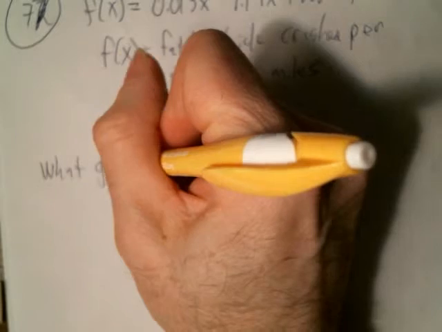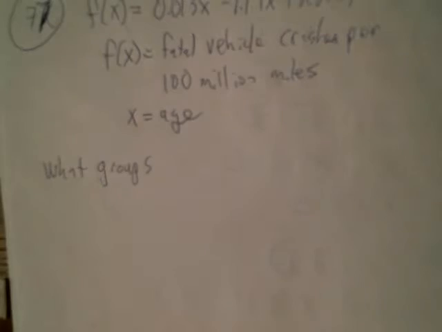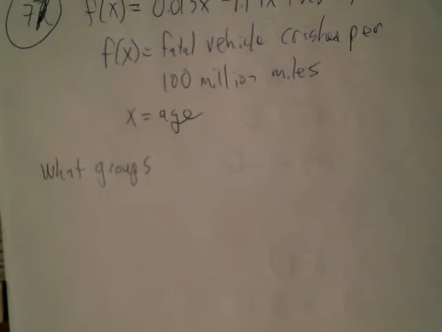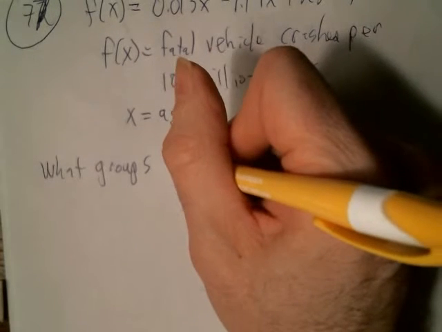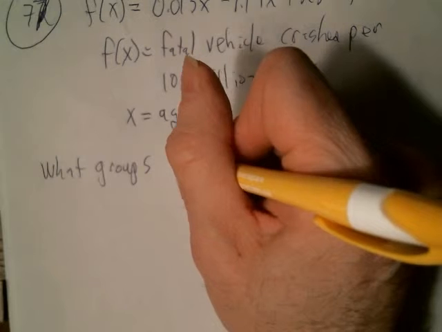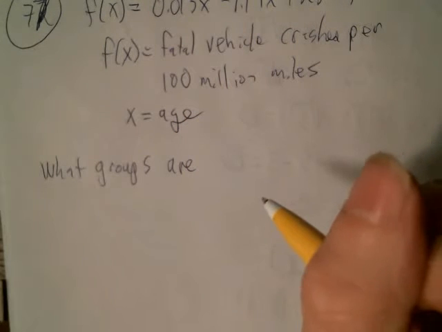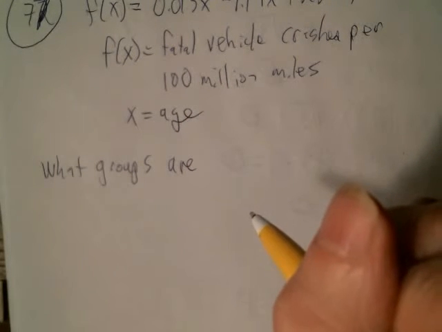First off, what age groups basically are expected to be involved in 3 crashes per 100 million miles?